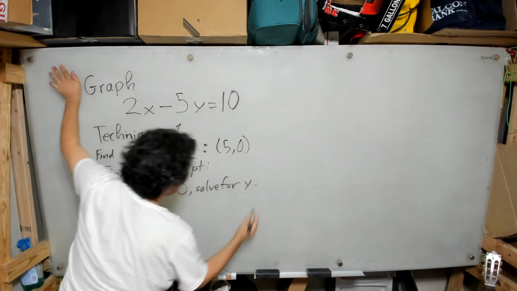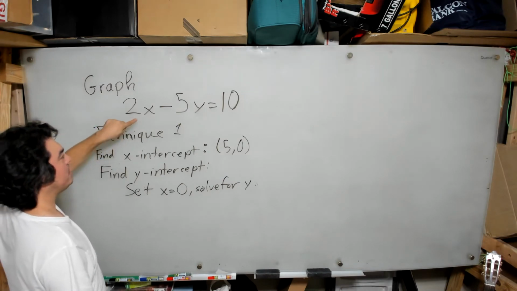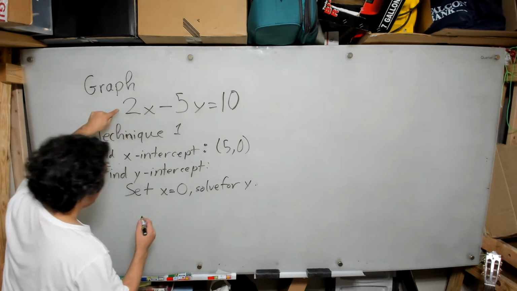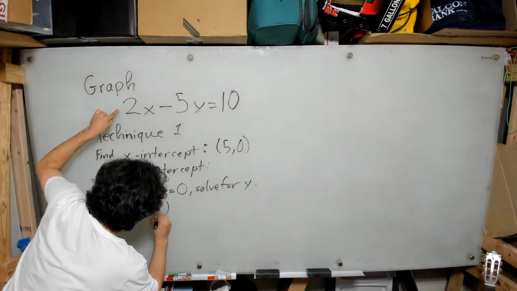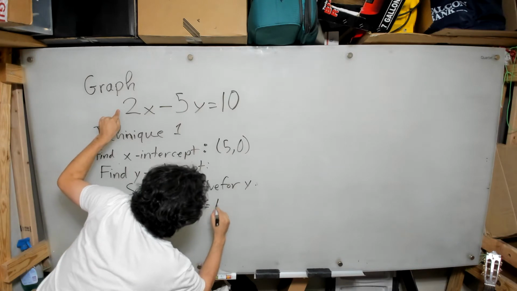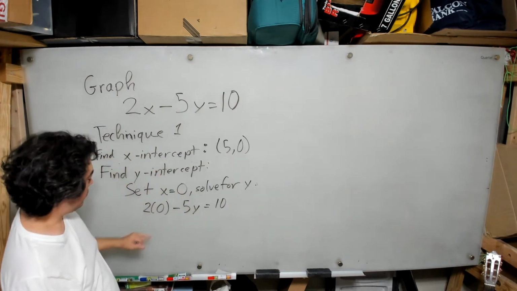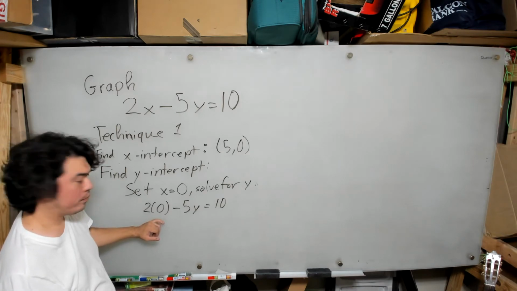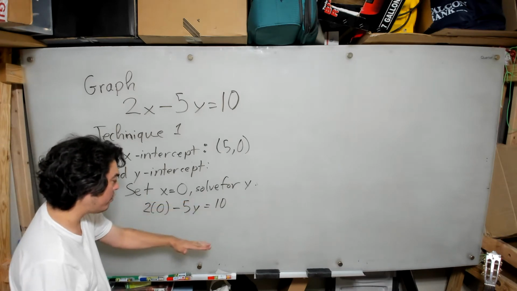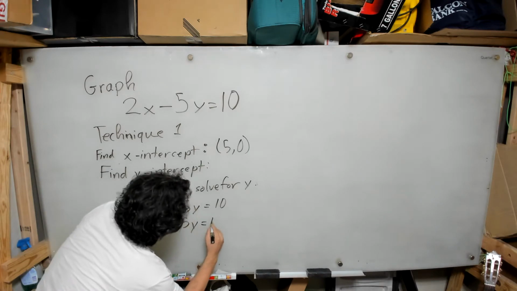Now if I set x equal to 0, this equation becomes 2 times 0 minus 5y equals 10. 2 times 0 is 0, so this equation becomes negative 5y equals 10.